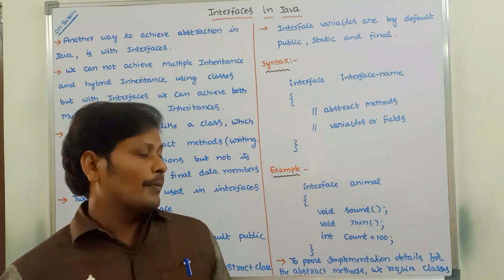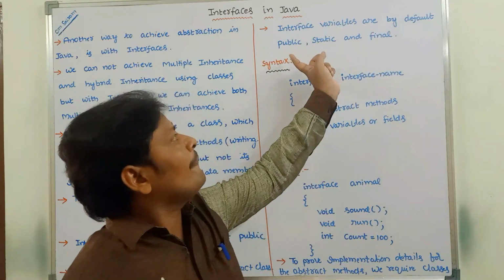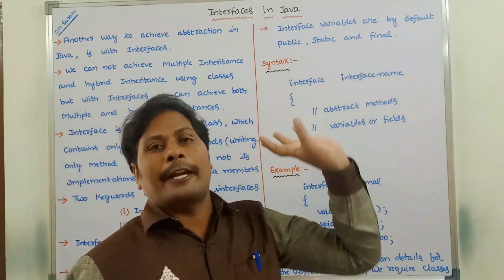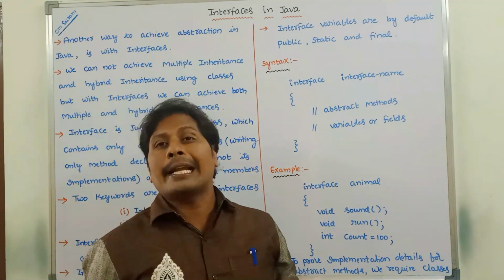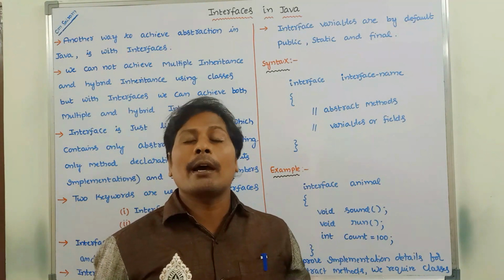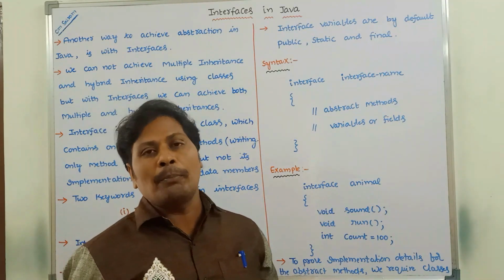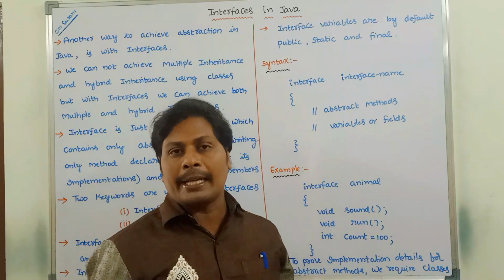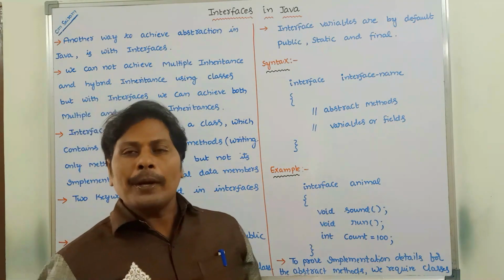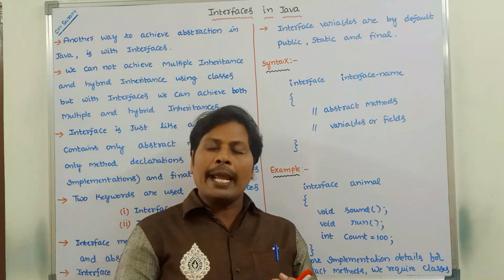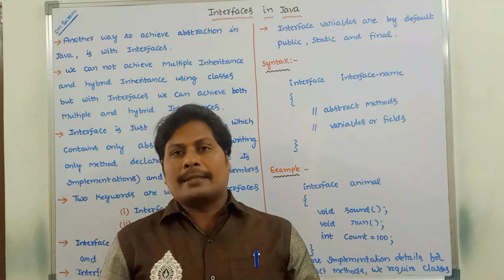Next one. Interface variables are by default public, static and final. So, interface variables, fields or data members are by default public, static and final. Interface contains only abstract methods and final data members.